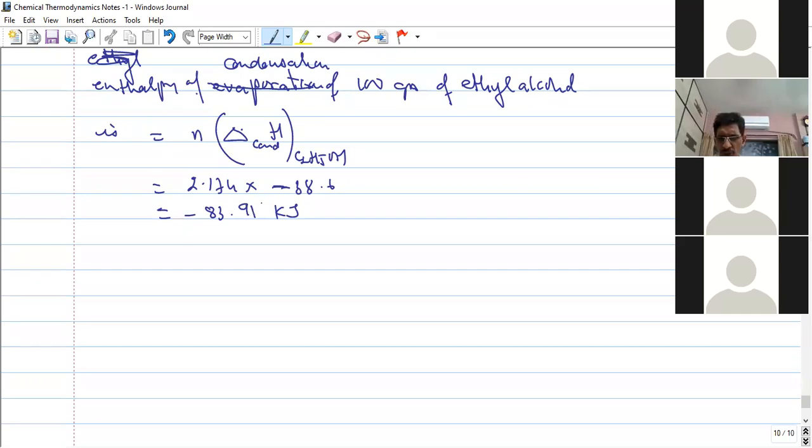Heat of solution and heat of hydration. Question 2.